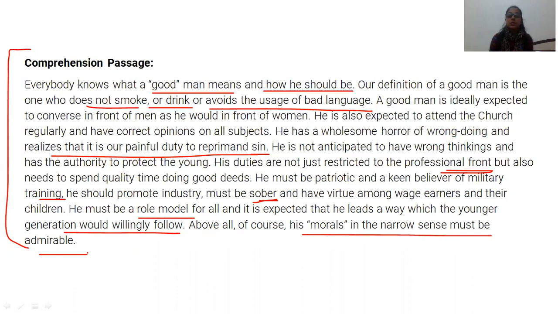First of all, our first task is to look for the title of the precis. The title of the precis is generally understood from the first two lines only. Okay, students, always pick the title of the precis on the basis of the introductory lines. Everybody knows what a good man is. That means this passage is all about a good man's characteristics.